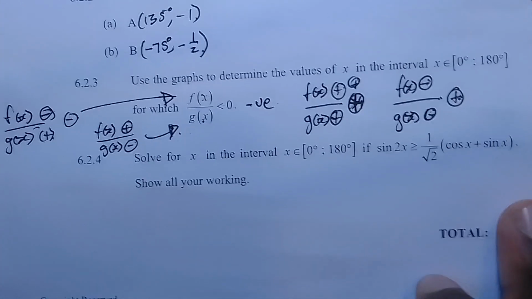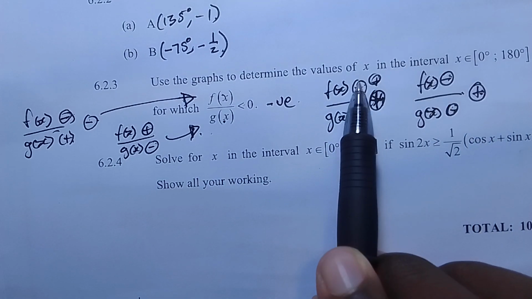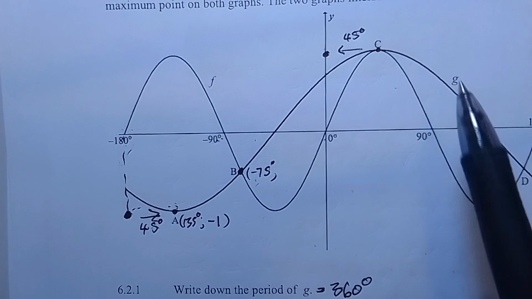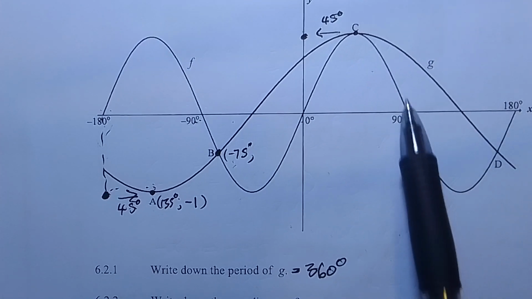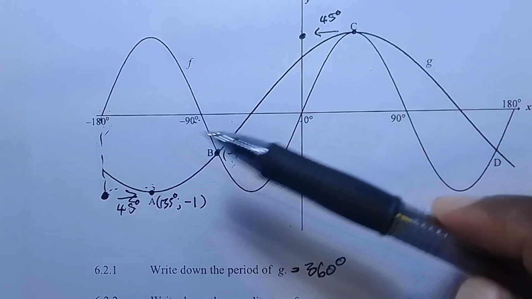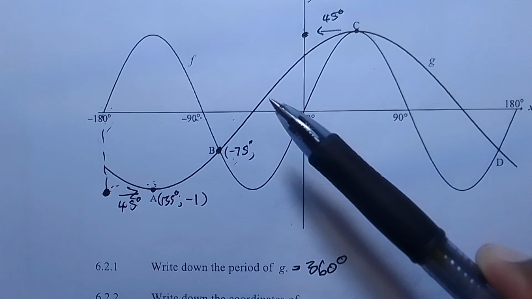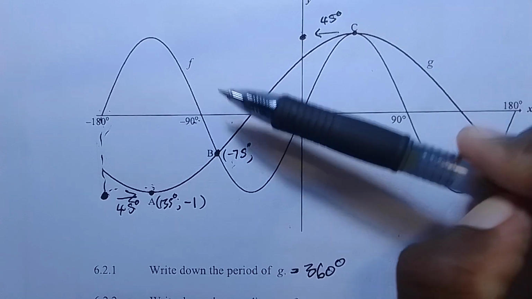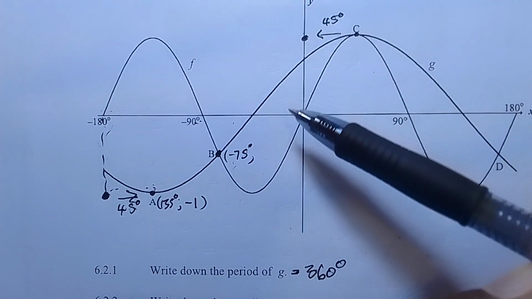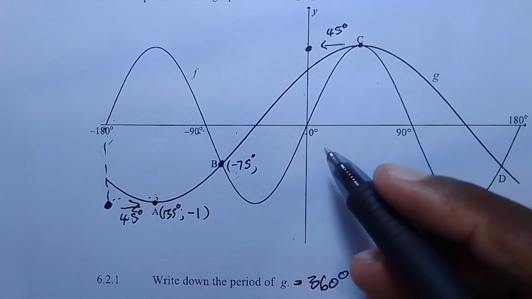So what does this mean? f of x being positive, this function, if it's positive, it means it's above the x-axis, right? The same thing goes for g. If g is positive, it means it's above the x-axis, because the y values above the x-axis are positive.